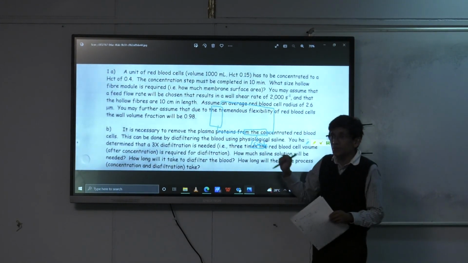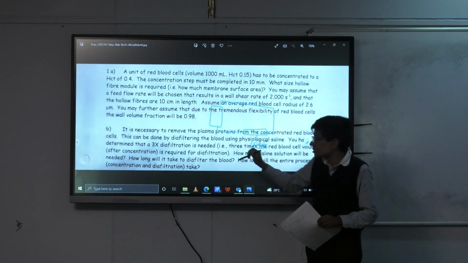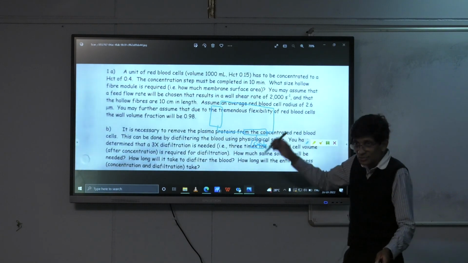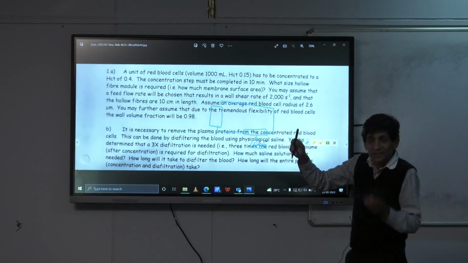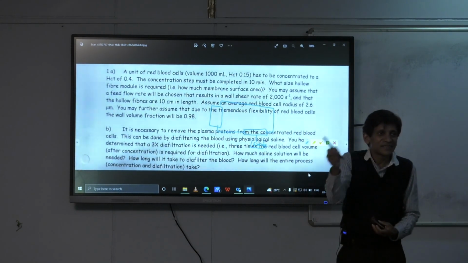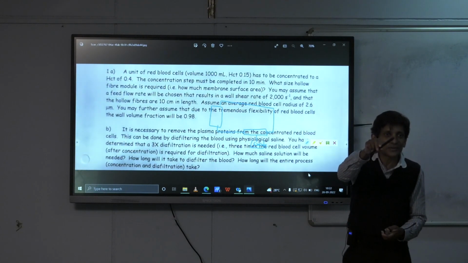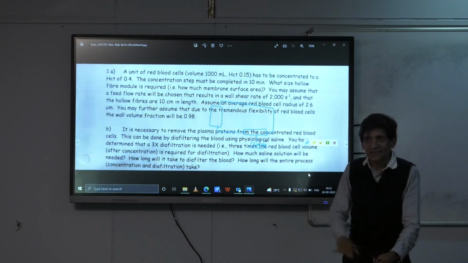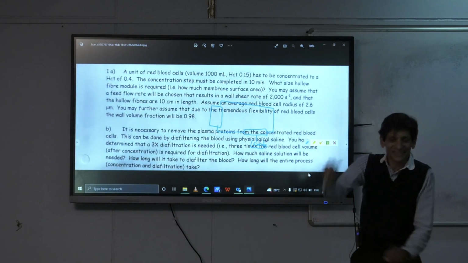Now we're going to stop and want to do diafiltration. We're not going to change this module, okay? It's the same module. So who wants to draw the extra loop for the diafiltration? Volunteer from this side maybe, since we've had everyone from that side. Who would like to draw the loop for the diafiltration? Anybody? I need someone to draw this.